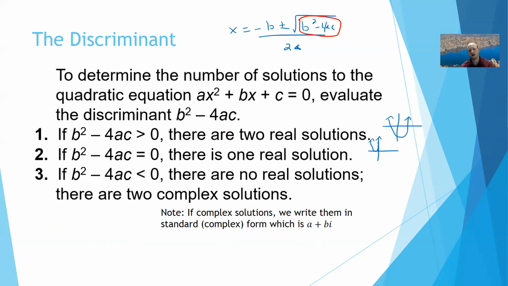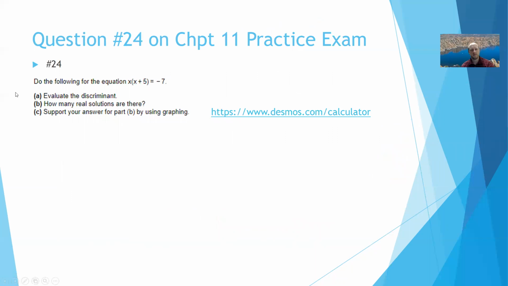We don't need to know the graph here, just what the discriminant is. And a graph like this would be when we have no real solutions, because there are no x-intercepts. In this case, we actually have two complex solutions, and we write them in standard complex form, which is a plus bi. I'm going to go over an example of that in a little bit.